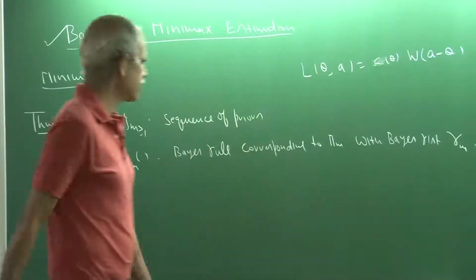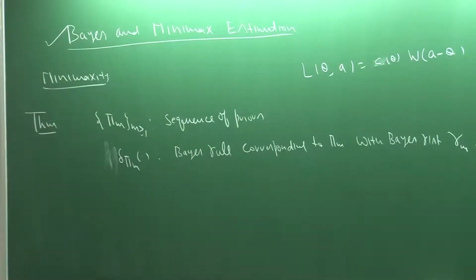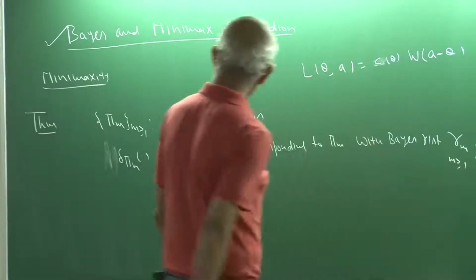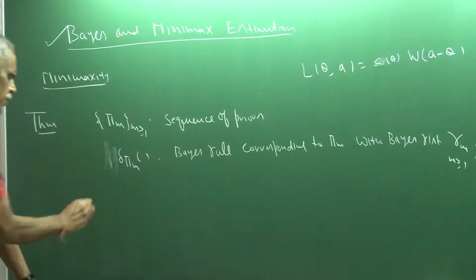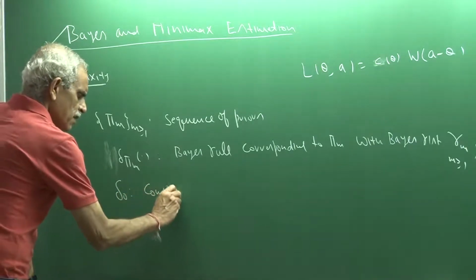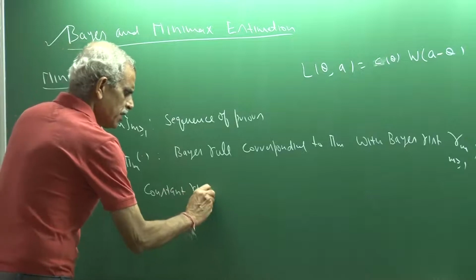So Rm is the Bayes risk of the Bayes rule corresponding to the prior pi m. And suppose delta naught is a constant risk estimator.